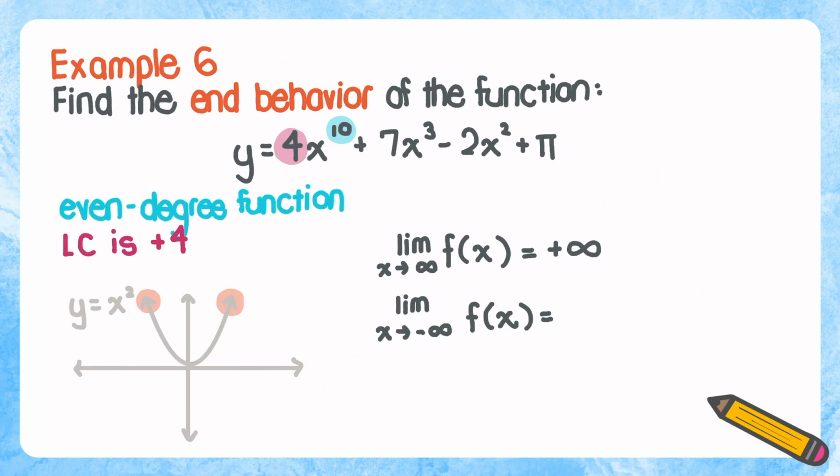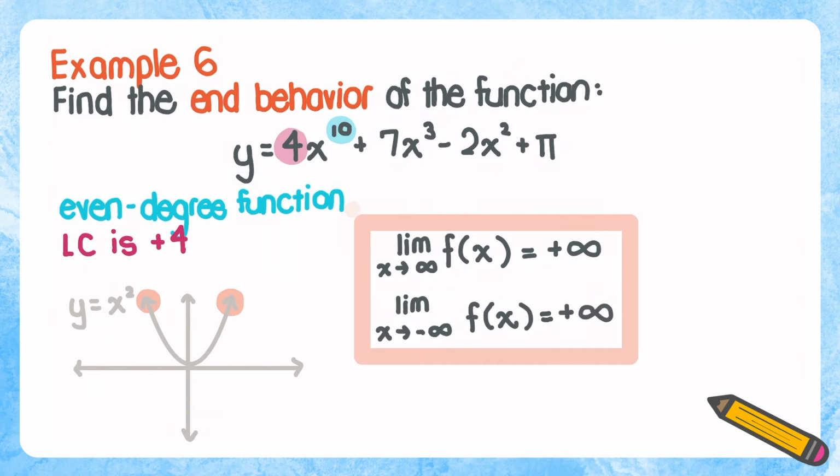So what happens when we keep going to the left? We keep going up, so we're approaching positive infinity. And this is because even degree functions have the same end behavior on both ends. And also, since the leading coefficient is positive, whether we go to the far right or the far left, we keep going up, so we approach positive infinity.